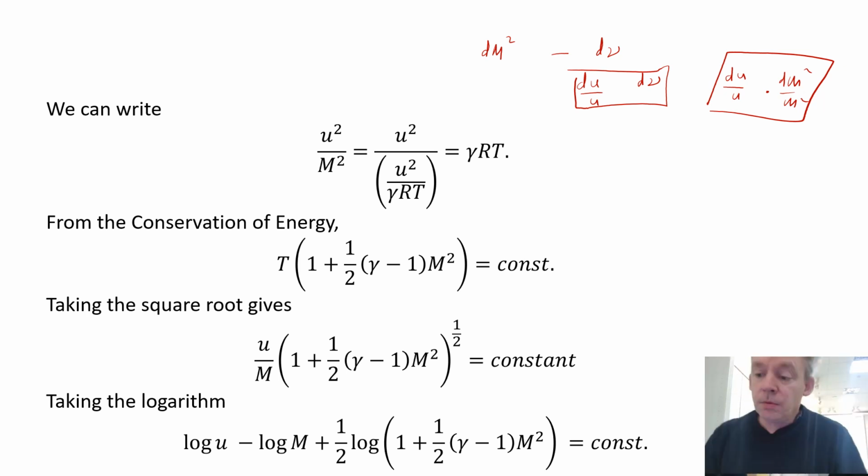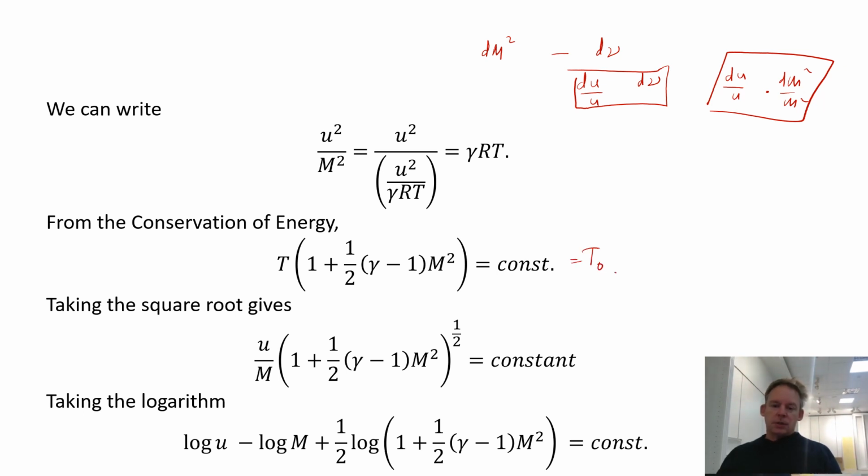So first thing to do, appeal to conservation of energy. As we said before, T0 equals T times 1 plus half gamma minus 1 M squared, which is constant. That's our stagnation temperature.